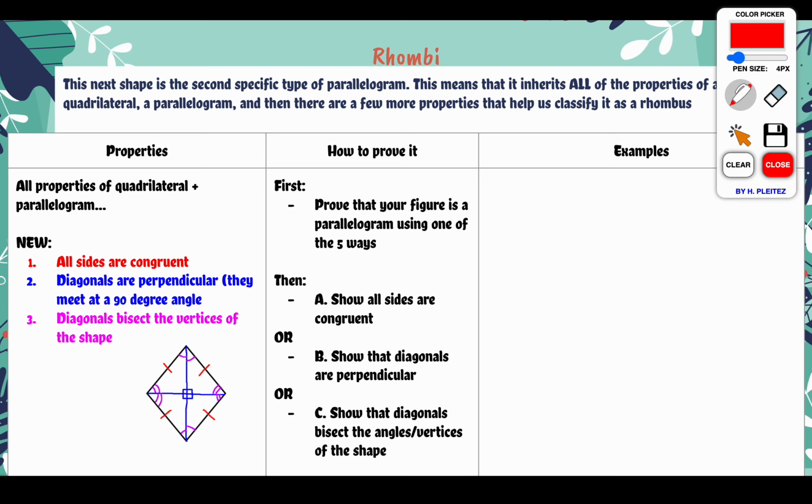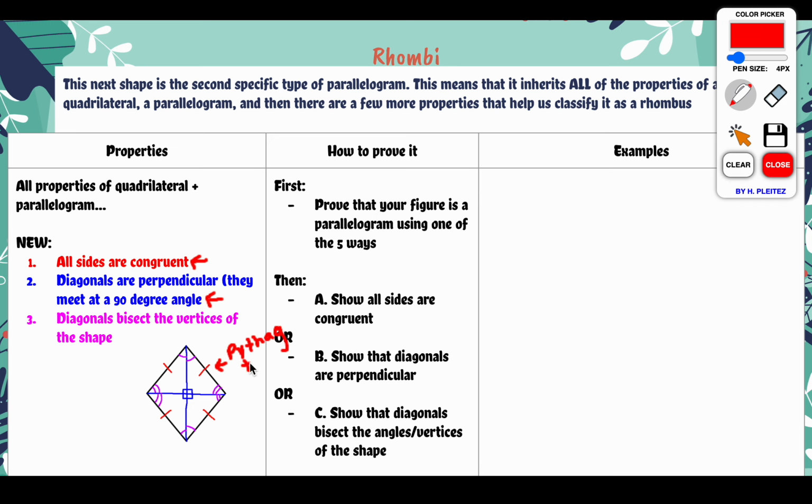So a rhombus is a parallelogram whose four sides are all congruent, and whose diagonals are perpendicular, which means they meet at a 90-degree angle. With property number 2, you can see that we have 4 right triangles that are created, right? It's interesting to see this because here, you'll probably need to use the Pythagorean theorem somewhere.